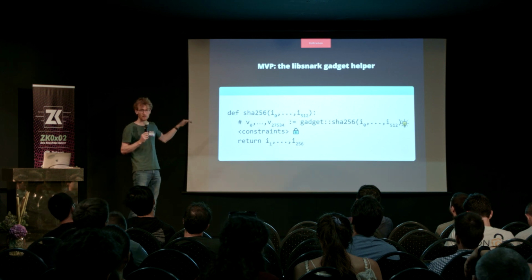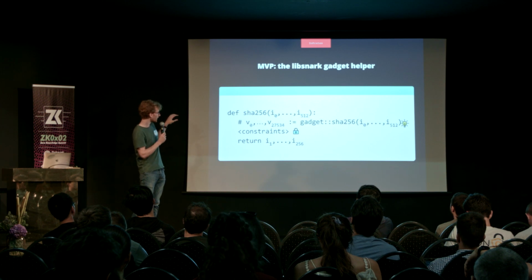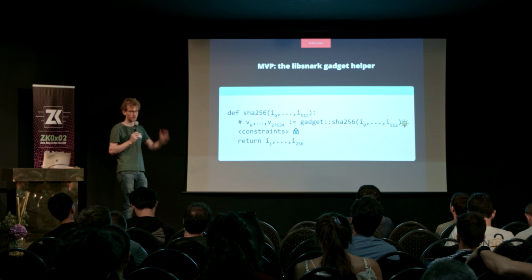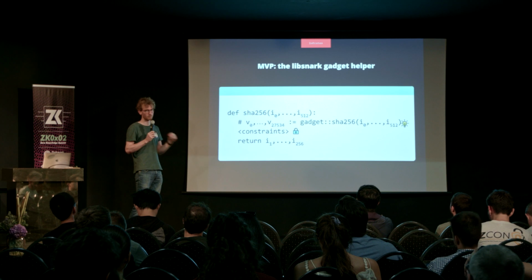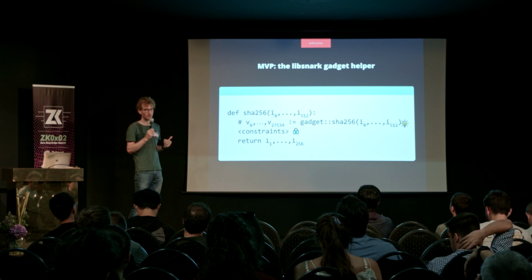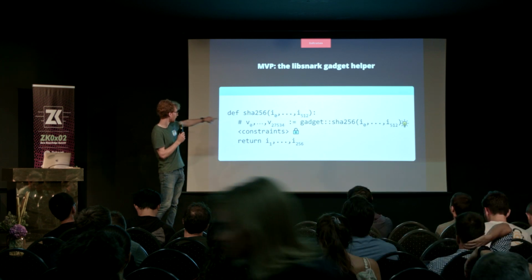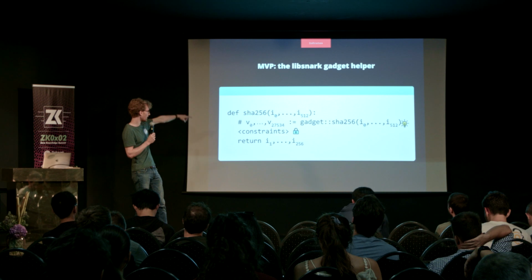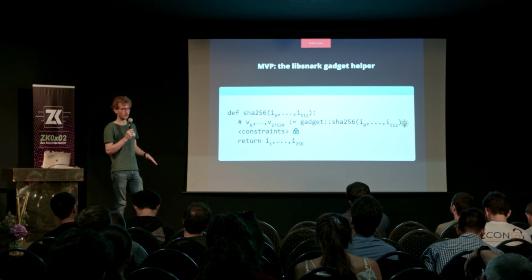So nothing happens on the circuit itself, but the solver takes the whole constraint system for SHA-256 in libsnark and sets every single variable of the system to what it should be, right? So based on your inputs, it sets all the intermediate variables. There's actually like 27,000 variables. It sets them to some values.